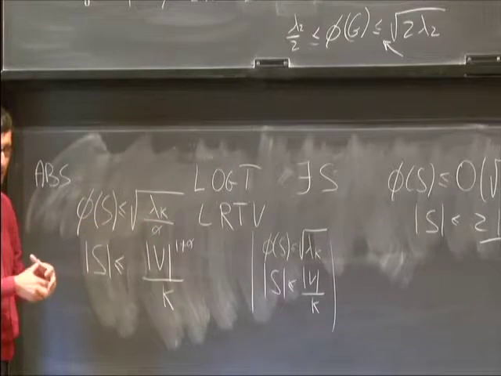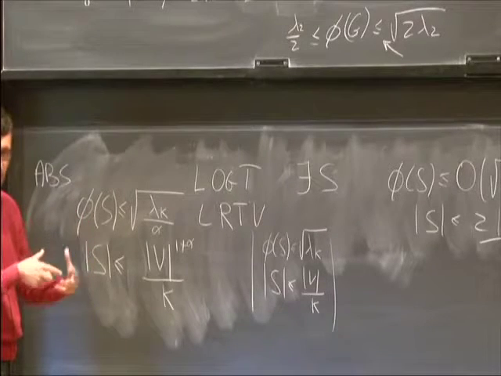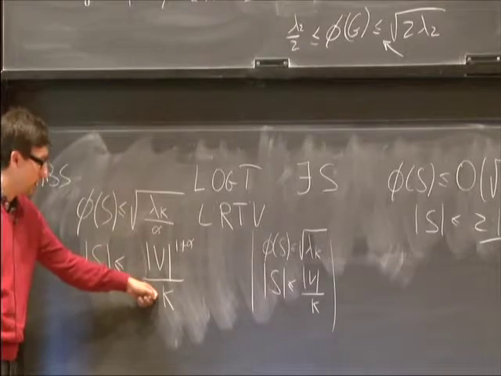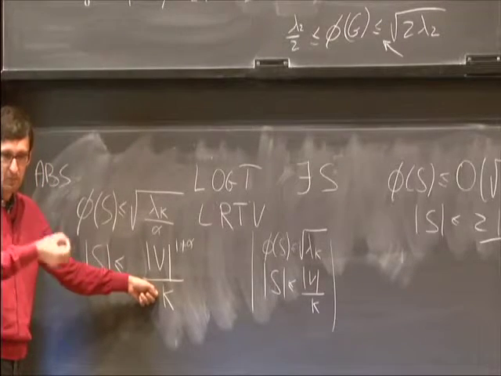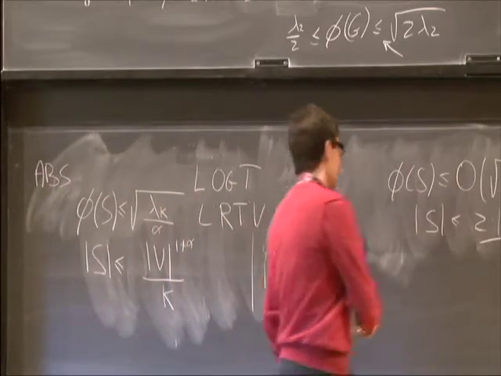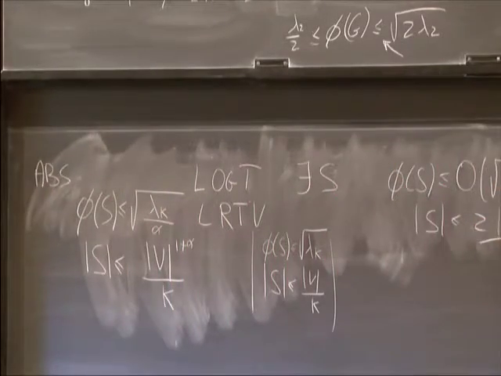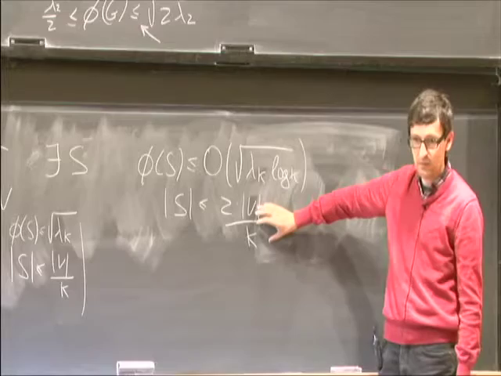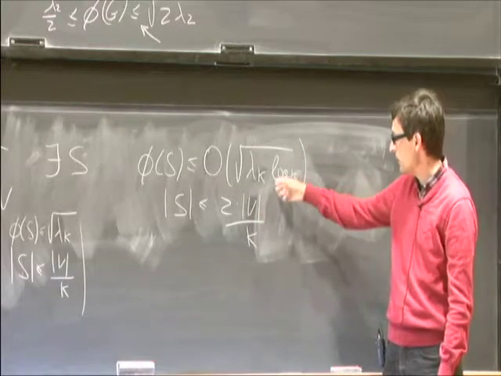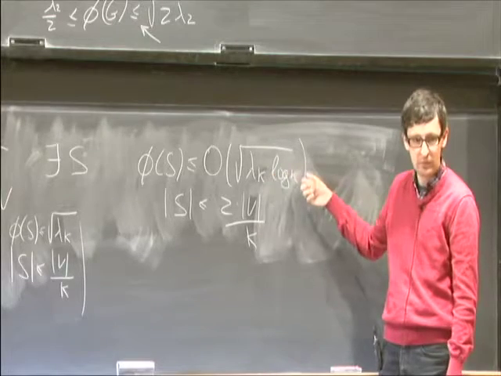So we'll lose a fixed root of the number of vertices in terms of the size. For this to be something, k itself will have to be some constant root of v. Here, the size of the set is as small up to a constant as one could expect, but the expansion is worse by a factor of square root of log k.